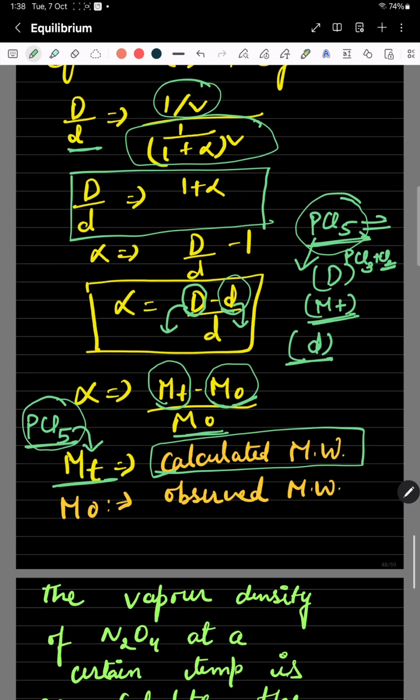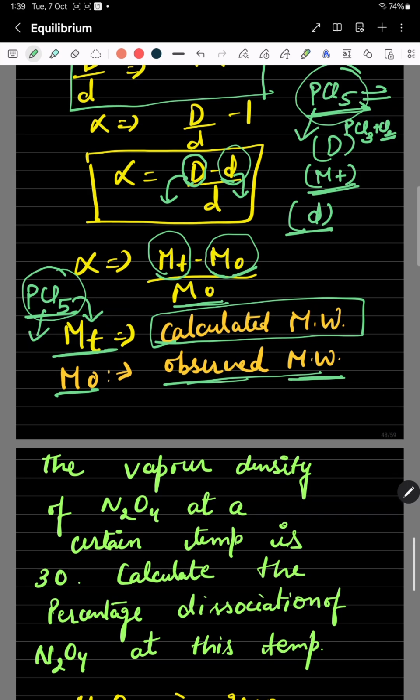This was the initial theoretical mass, and the vapor density was calculated accordingly. M naught is the observed molecular weight, representing the mass after dissociation of PCl5.